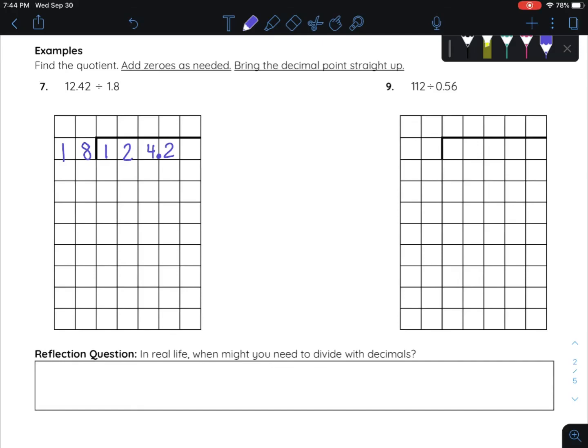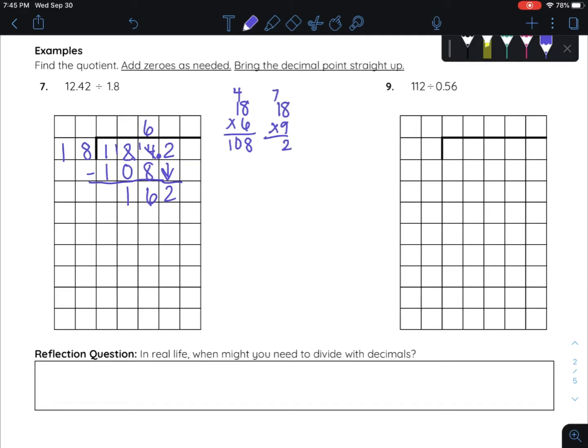18 into 124. I'm going to try 6 times. 108. So 6, 108. If we subtract that, you can borrow really quick, we're going to get 16. Bring down the 2. And now, how about 9 times?